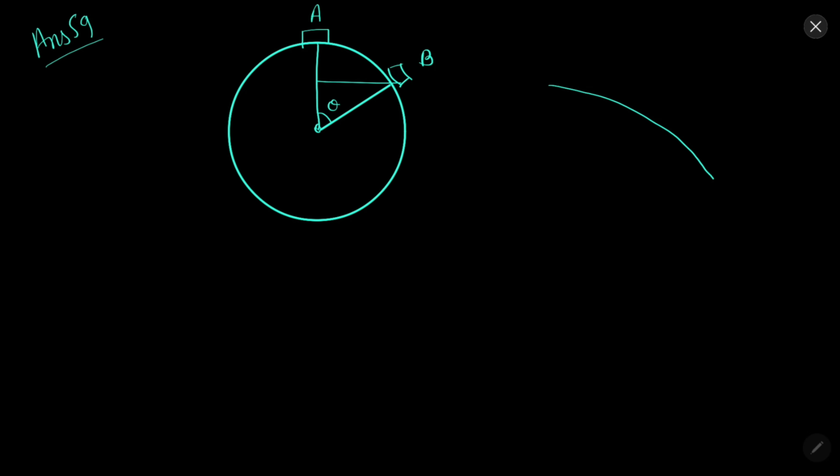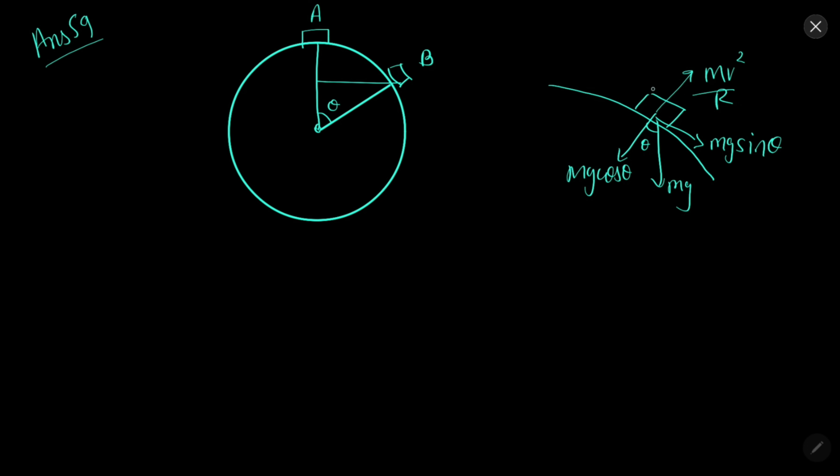So if you focus on this part only, then this is mg, this is mg cos theta, and this is mg sin theta, this is mv square by r centrifugal force.